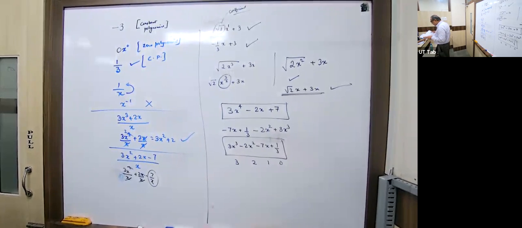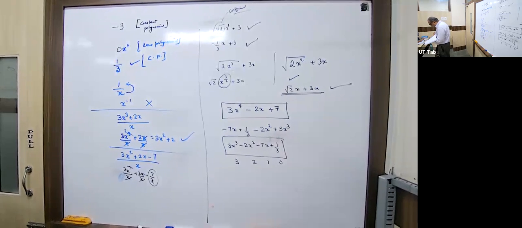Is this clear? Now, the geometrical meaning of the zeros of a polynomial. Supposing I give you this graph and ask how many zeros this polynomial has. What you look at is only the number of times that the graph cuts the x-axis, the horizontal axis.